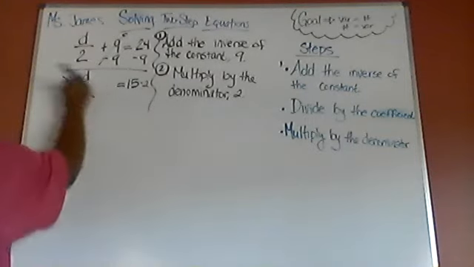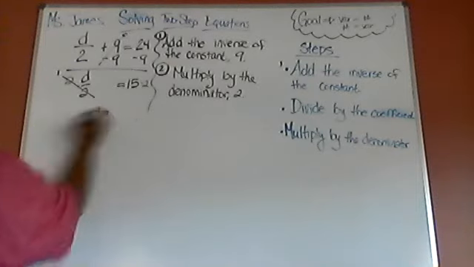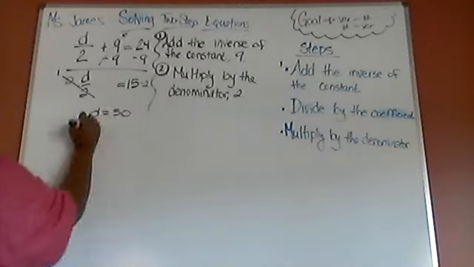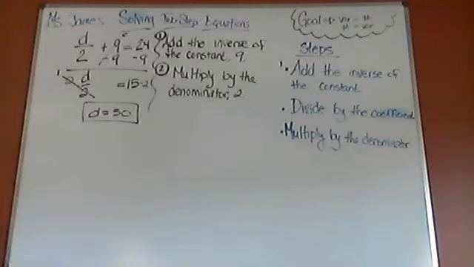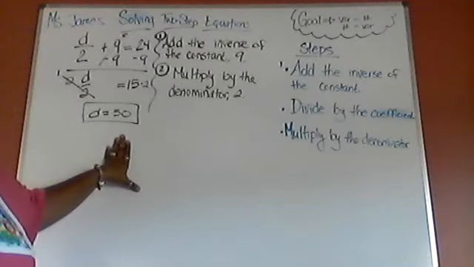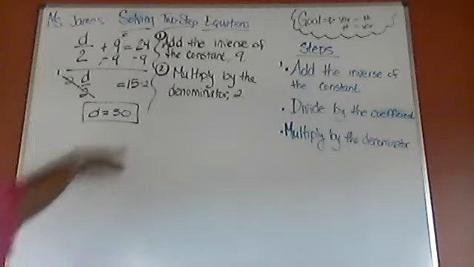Well, anything over itself is 1. So we have 1D is equal to 15 times 2. 15 times 2 is 30. We have reached our goal because we have a variable on one side and we have the number 30 on the other side. So those are our two steps.